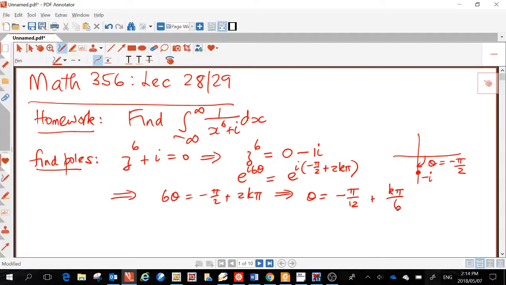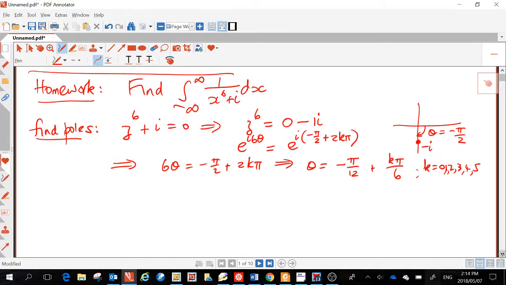So that gives you the 6 roots. You have to take k equals 0, 1, 2, 3, 4, 5. You take 6 numbers. That will give you all 6 roots. If you take 7, 8, 9, 10, you get the same roots again. It will cycle.